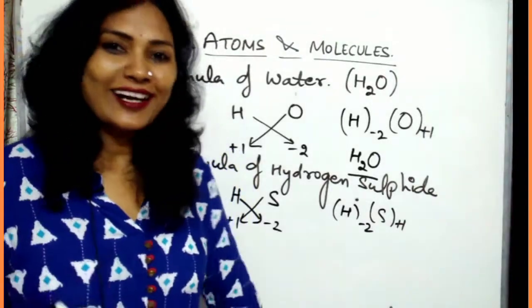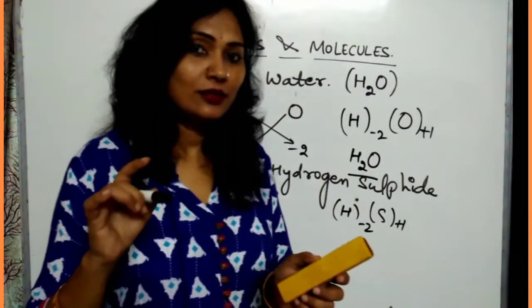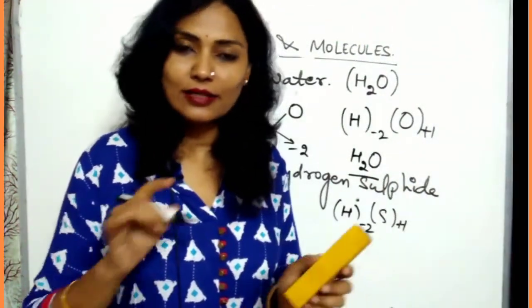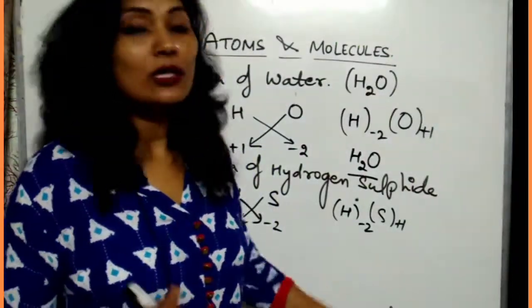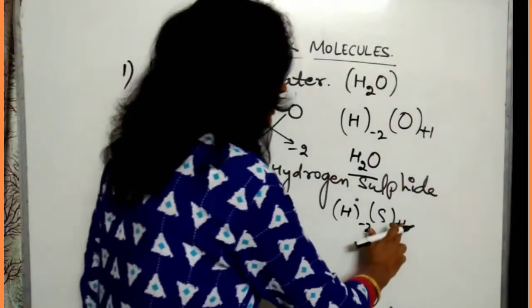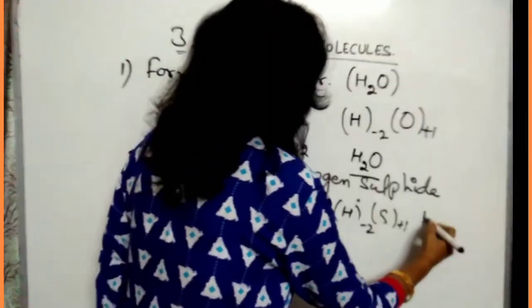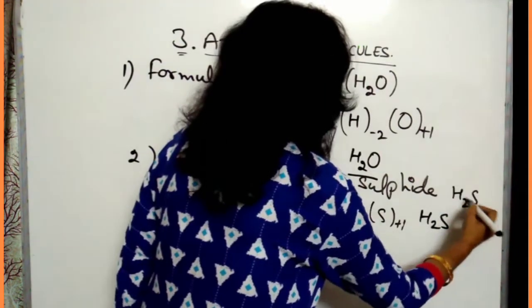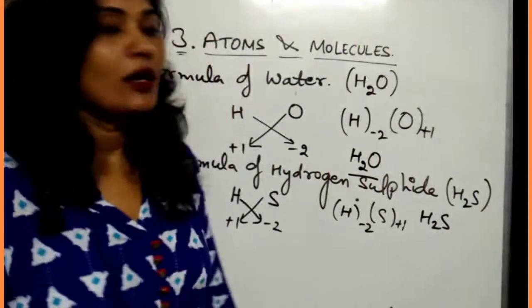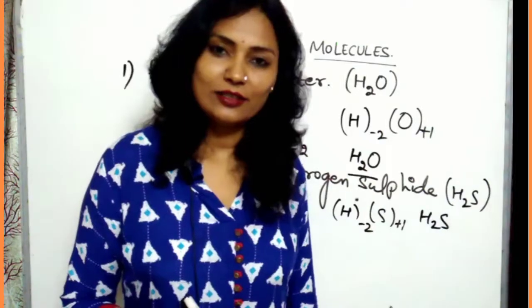Ignore the signs, minus or plus, and lastly ignore the 1 also. If 1 is present, ignore that and write the formula H2S. So H2S is the formula of hydrogen sulfide.